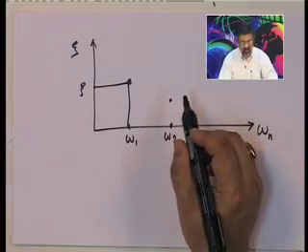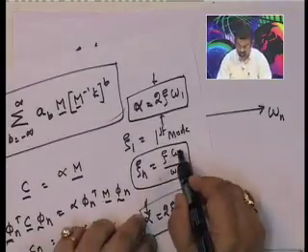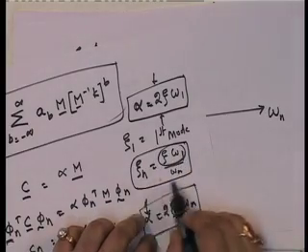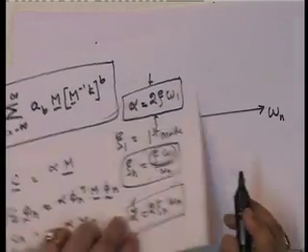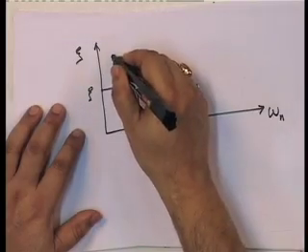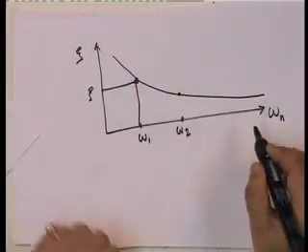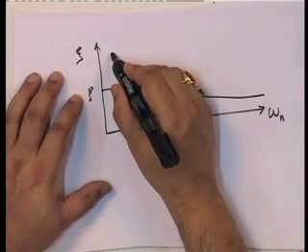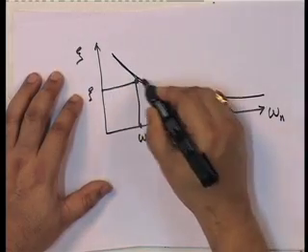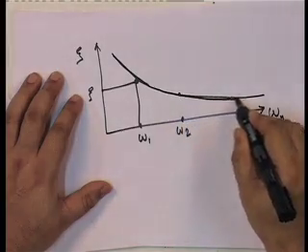This is a constant, so xi n is inversely proportional to omega n. It will be going like this. It is a hyperbola.